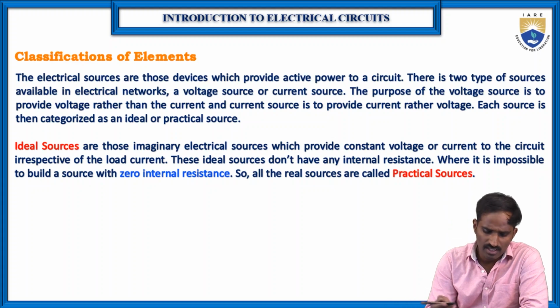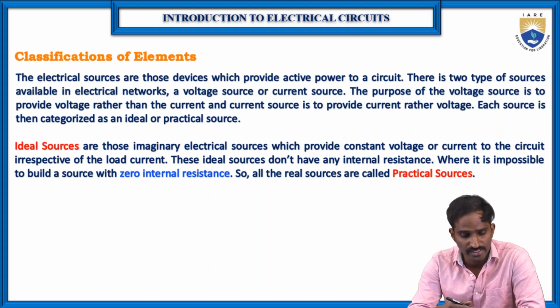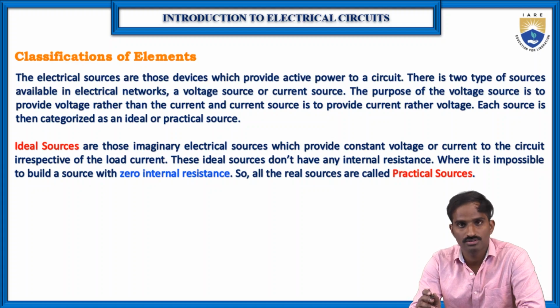Before going to know about the ideal source, it's better to know about the practical source, because practically every source has some internal resistance. If it is a voltage source, then the internal resistance is connected in series with the voltage source, and if it is a current source, the internal resistance is in parallel with the current source. That is in practical.